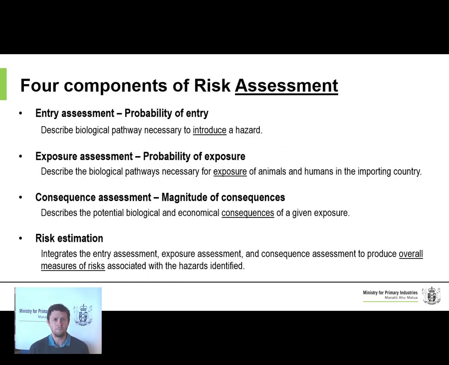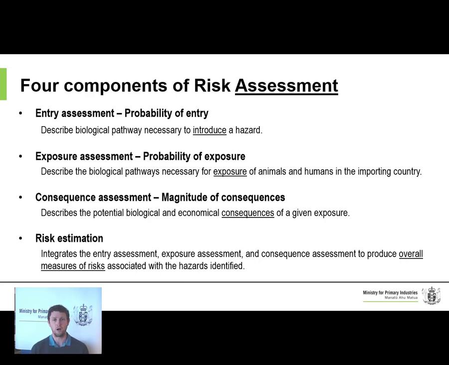We're talking about the 4 components of risk assessment, and this is where pathway development becomes incredibly important. I'm not going to go back through the pathway examples that we put up in last week's module, but there is quite an extensive assessment taking place from a pathway perspective, trying to assess the probability of the entry of a hazard.